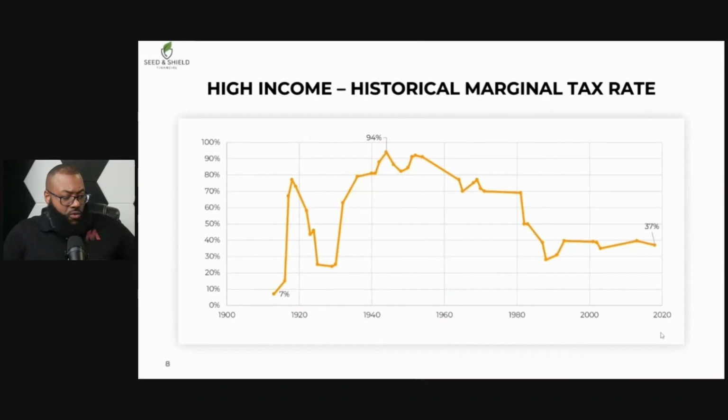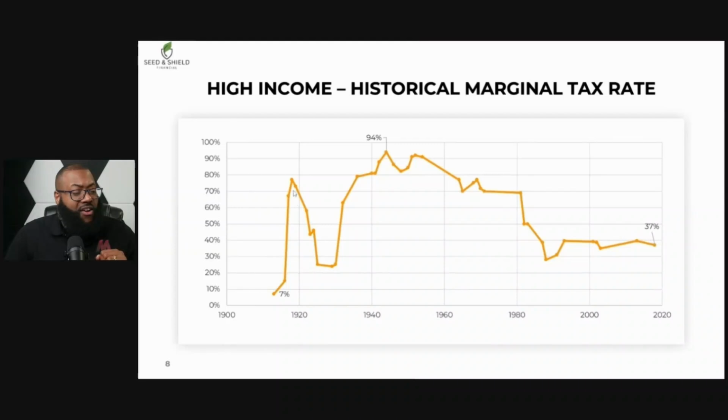All right. So this graph shows the path we've had since we implemented an income tax in 1913, which started out at 7%. As you can see here, that 7% has come a long way to 37%, which is where we are currently at the time of this video.